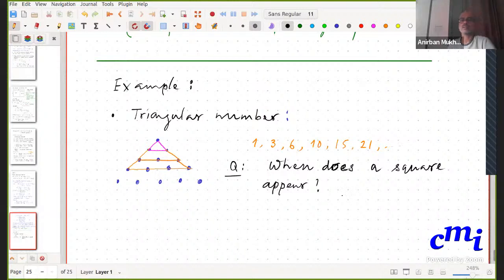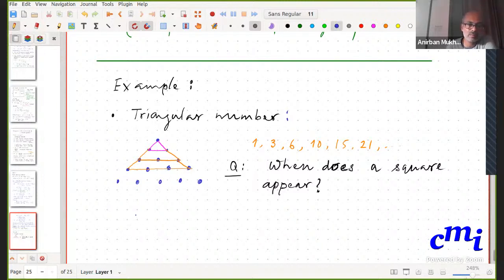So I'm just writing one. We want to look for squares in triangular numbers. Triangular numbers give you an infinite sequence of integers, and we are looking for squares in that. How do we go about it? By definition, what is a triangular number?